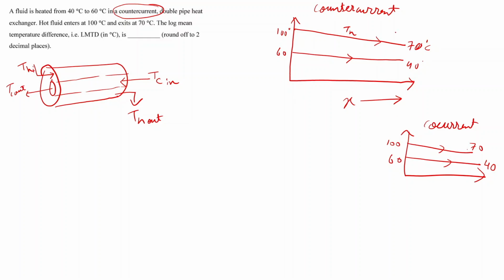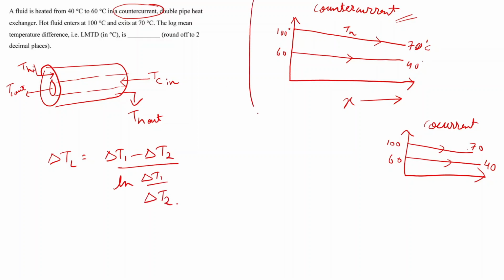Yes. But here we have been given counter current, so we will be using this temperature profile. And LMTD, the log mean temperature difference, is given as delta TL is equal to delta T1 minus delta T2 upon ln of delta T1 upon delta T2. So we will be using this temperature profile and not this one.